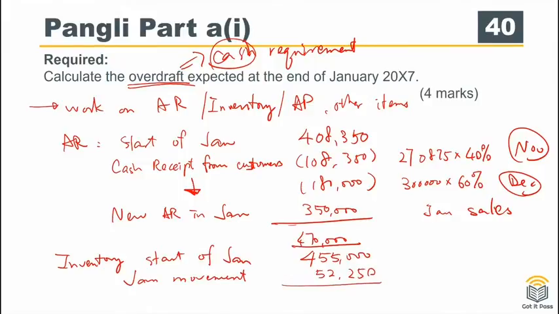So the total right now is 455,000 plus 52,250, which is 507,250, the inventory balance by the end of January.